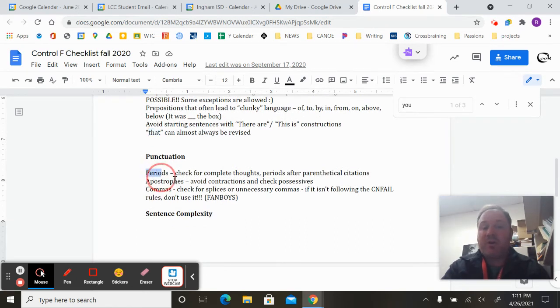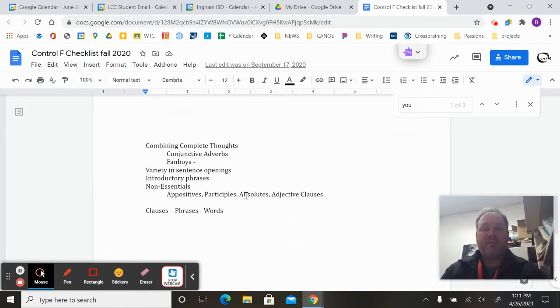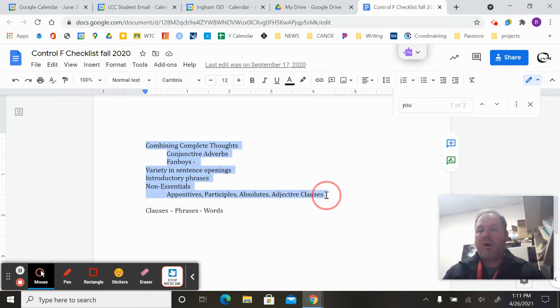Here you could Control F for punctuation as well. Every single one of you should Control F the comma and make sure you don't have just a comma in between complete thoughts. Review the see and fail videos about that. Sentence complexity. So you can use searching for punctuation to check for or create more complex sentences.